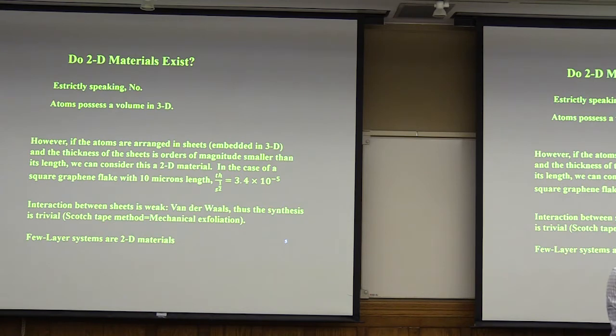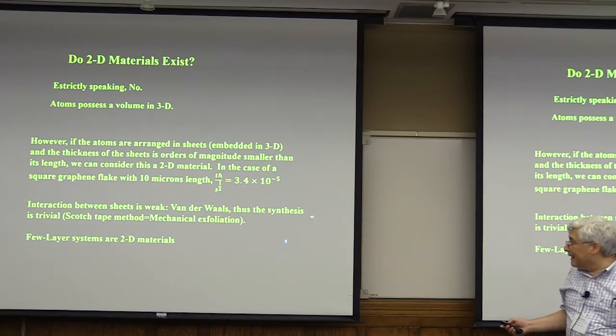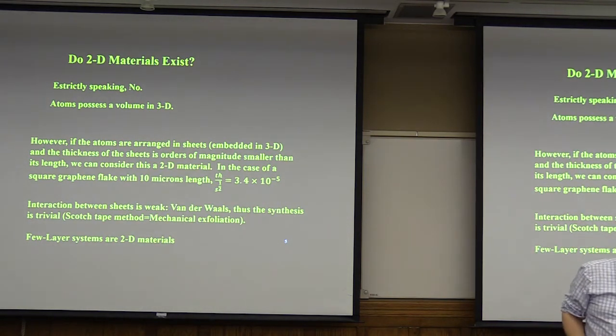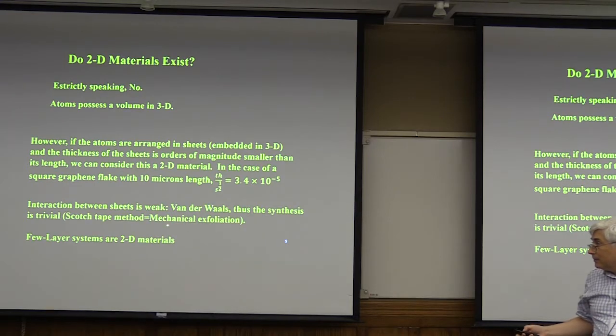Because this interaction between these layers is very weak, it gives us a method to obtain monolayers. This method is called mechanical exfoliation, but it is nothing other than the Scotch tape method. You use Scotch tape several times and then you can get something very thin, up to a monolayer.